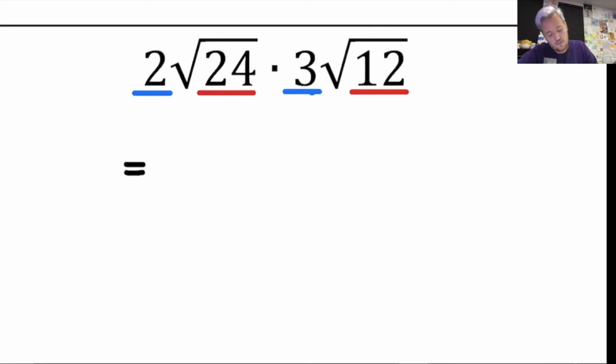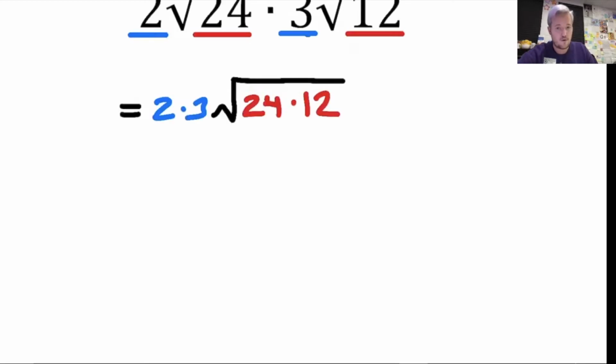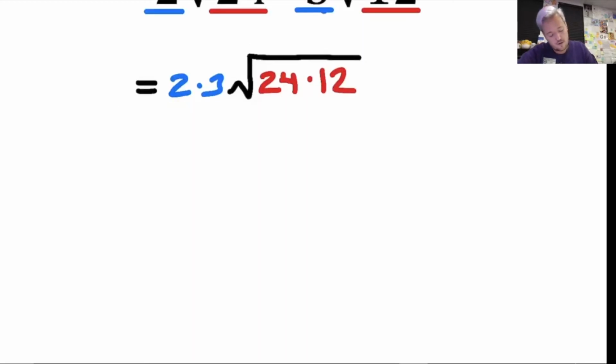All right, so what I'm going to do is 2 times 3, and then inside the radical, I have 24 times 12. So remember, just like in the factor tree, we're looking for pairs. So inside this radical, I'm still going to be looking for pairs.